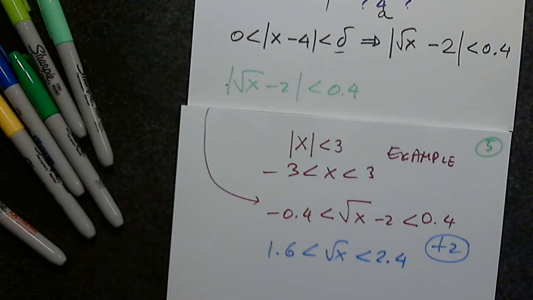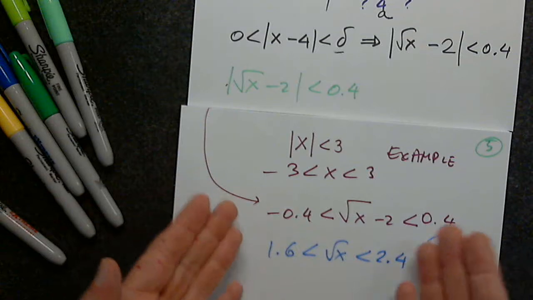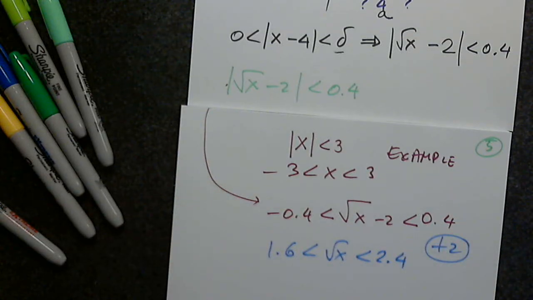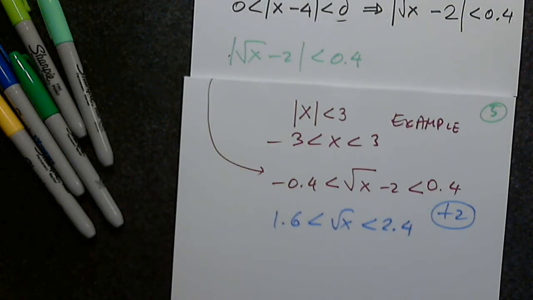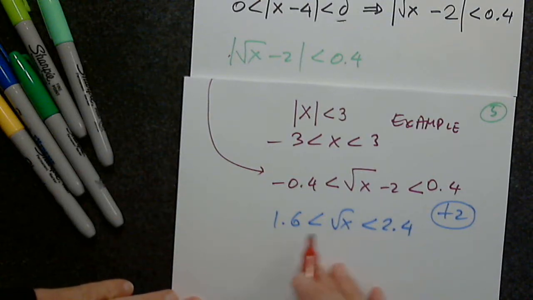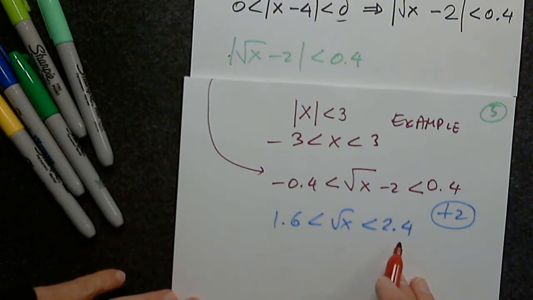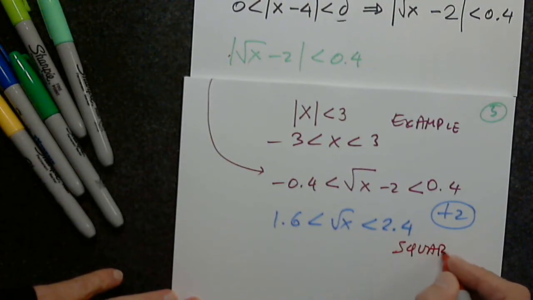Now, I will never ever say that this is a legitimate operation in general, what I'm going to do next. However, because these are all positive numbers and they are ascending from the smallest to the largest in this situation, I am allowed to square all three sides. I'm not going to ever say that this is a legitimate operation otherwise for any x. But now, because I know x is between these two positive numbers, I will square all three sides.